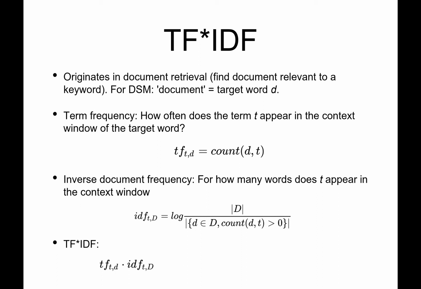So you have the term frequency, and then you have the inverse document frequency. When you are doing information retrieval, you have a set of documents, D1, D2, D3, and somebody has a query.